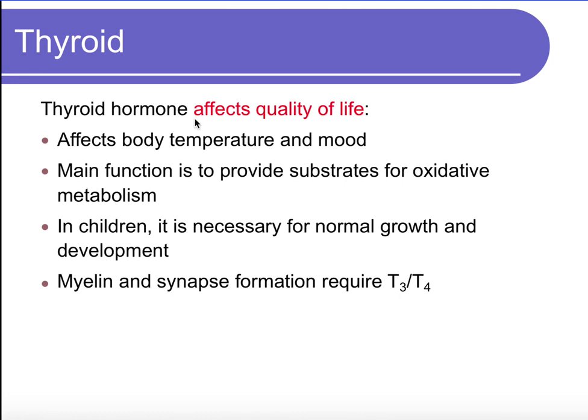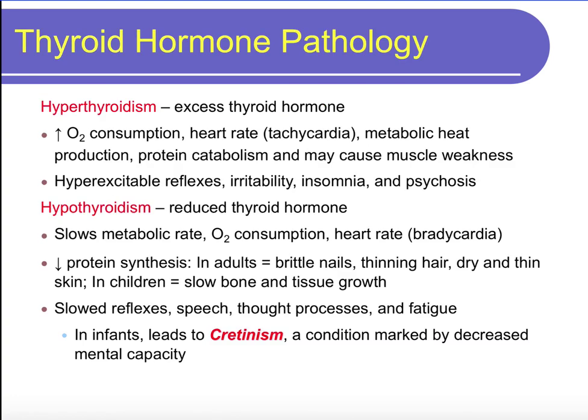So thyroid hormone affects things like our body temperature, our mood, and its main function is to provide substrates for oxidative metabolism. In children, it's necessary for normal growth and development, and it's also been known to be involved in myelin and synapse formation.